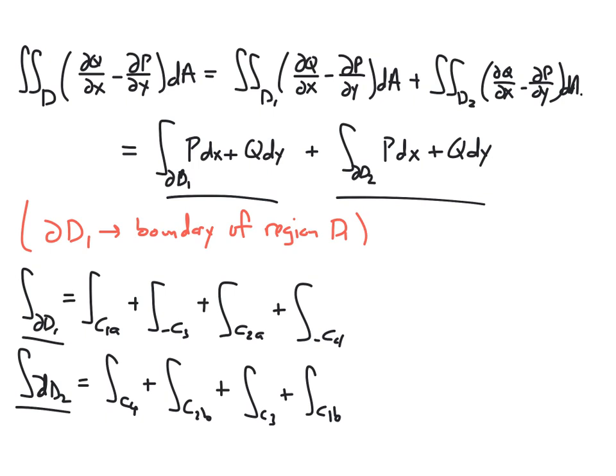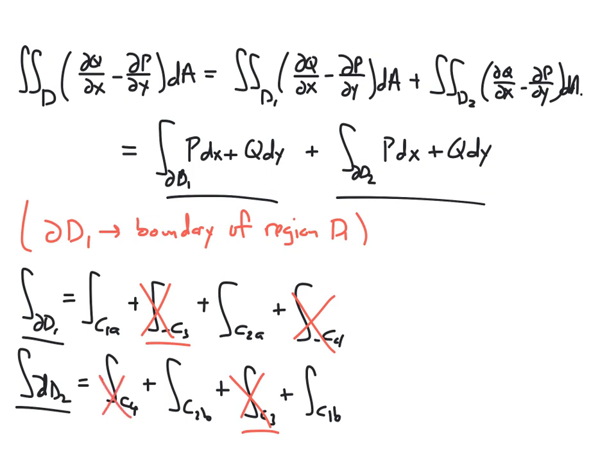Notice that when we go to add these, we're going to have the integral over negative C3, and we're going to add to that the integral over C3. And those integrals are negatives of each other, and so when we add them together, the sum will become 0. And the same thing with the integral over negative C4 and the integral over C4.